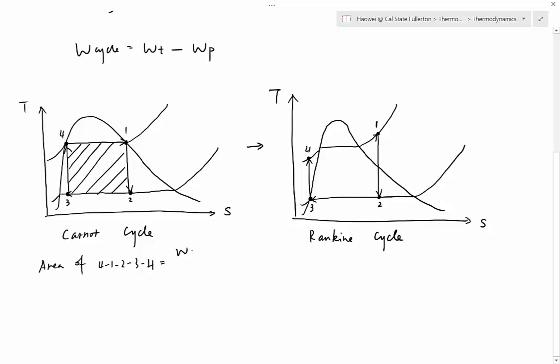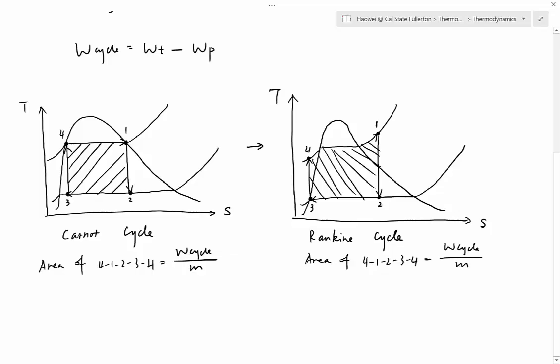That is W cycle per unit mass. And same thing happens here. The area of the enclosure for Rankine cycle still tells you the same thing. Area of the enclosure is still W cycle per unit mass.